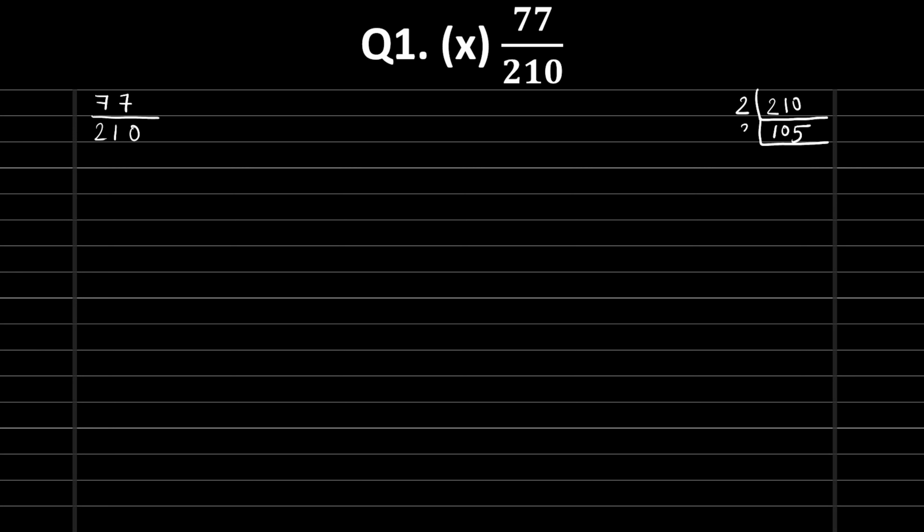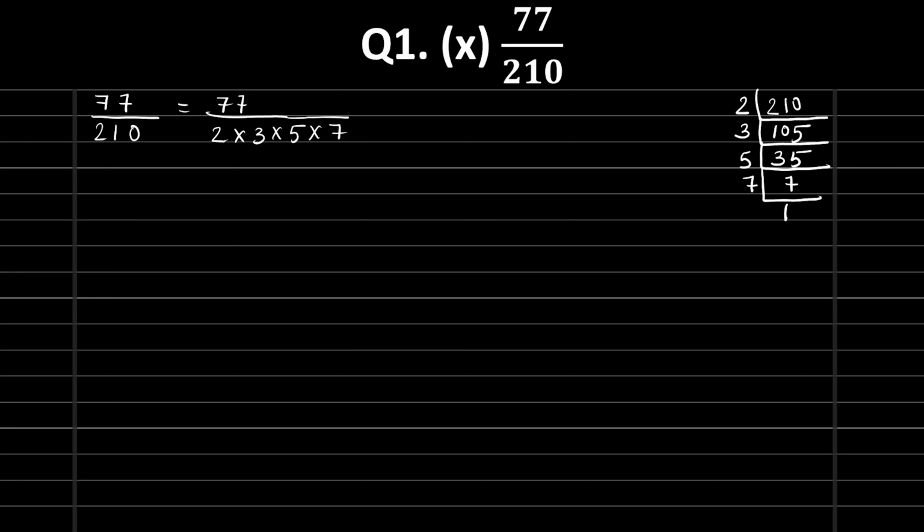Dividing 105 with 3, we'll get 35 as a quotient. On dividing 35 with 5, we'll get 7 as a quotient. And on dividing 7 with 7, we'll get 1 as a quotient. So the prime factorization of 210 is 2 into 3 into 5 into 7.